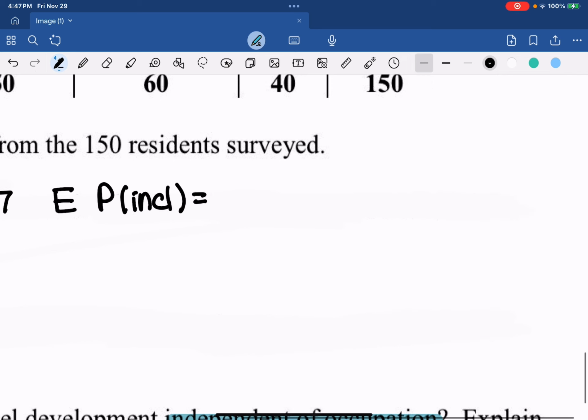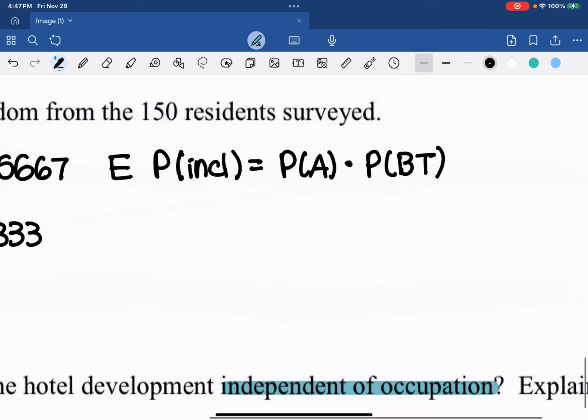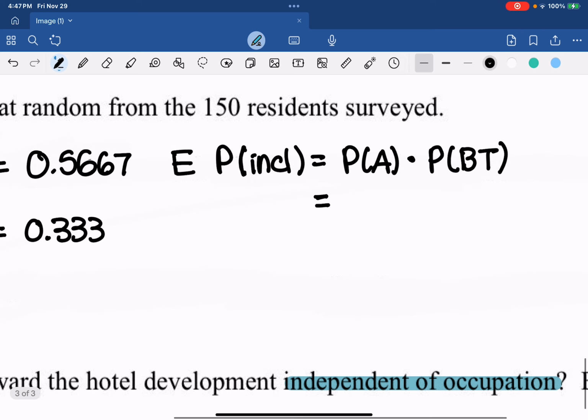So to find this, we need to do PA times PBT, right? And that equals 5, 6, 7 times 0.33.